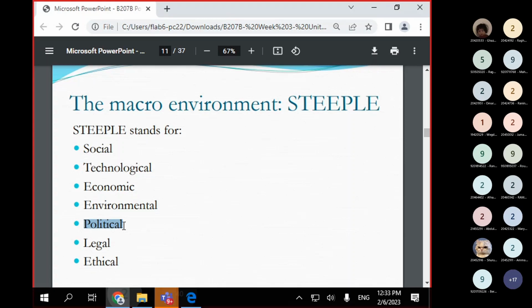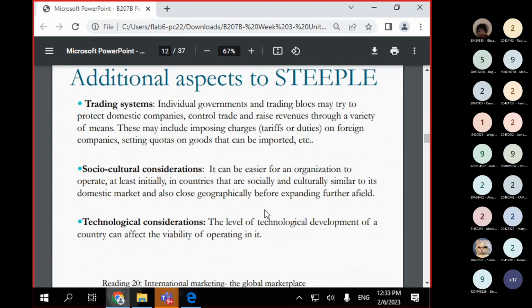All right? Perfect. So the second one is the sociocultural consideration. This is obvious. It can be easier for an organization to operate, at least initially, in a country that is similar to it. Okay, so you see the Saudi companies will first go and expand into the Gulf area, okay, before they go more international.